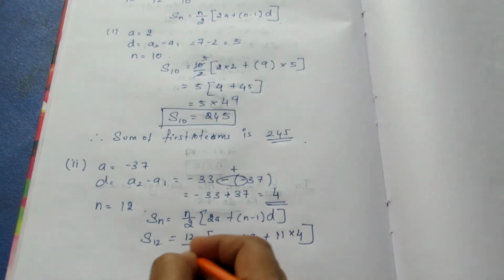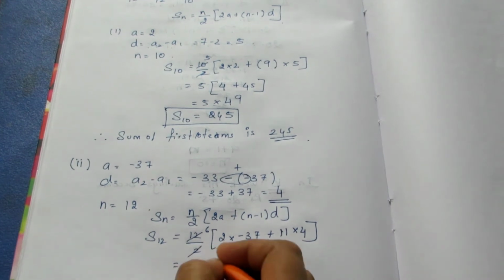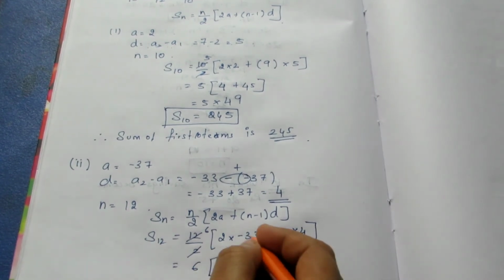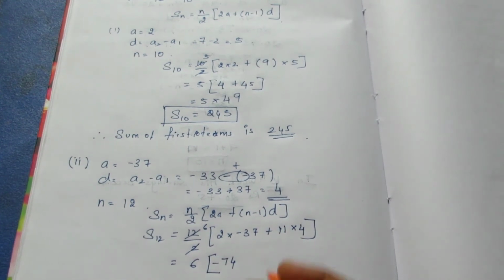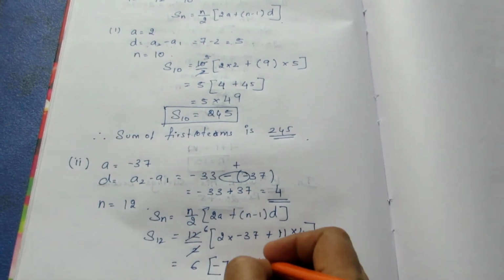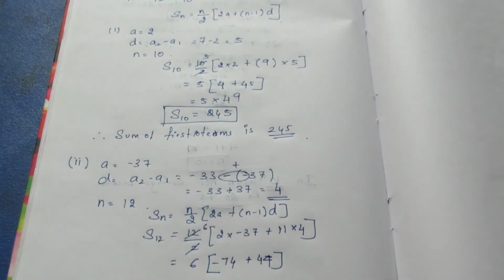So just multiply, you can cancel, this becomes 6. So 6 into 37 twos are 74, plus into minus will become minus, so plus 11 fours are 44. If we subtract here, it becomes minus 30. I'll do it here.